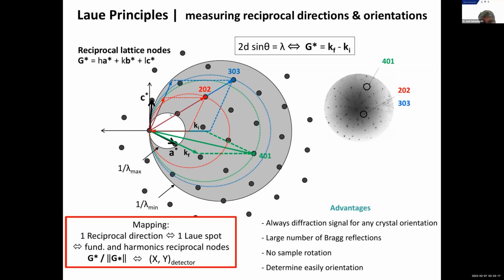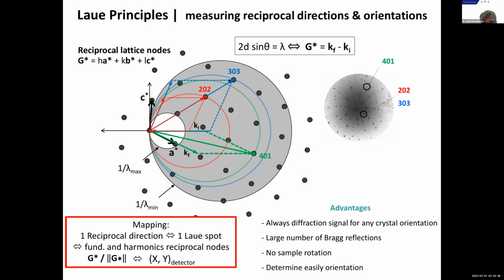If you do the same for the 303 node, you compute the mediatrix, and then this is the starting point of Ki. Now the color has changed because the energy of the photons will change. This will be the blue Ki, and this will be the blue Kf.